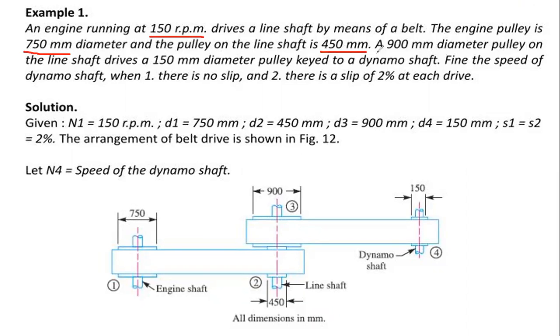Then a 900 diameter pulley on the line shaft drives a 150 diameter pulley keyed to a dynamo shaft. Find the speed of the dynamo shaft when there is no slip and when there is a slip of 2% at each drive.